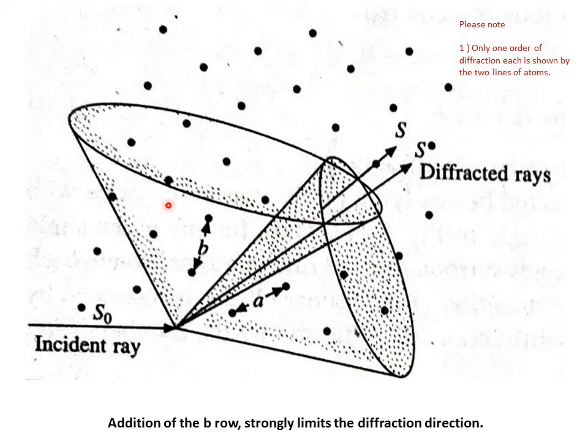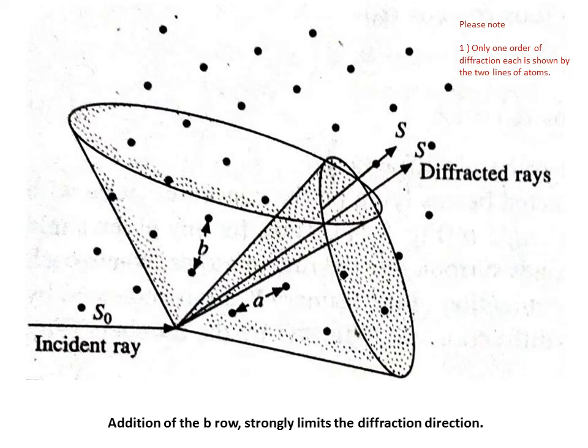Similarly, I have a bigger cone over here that is surrounding the line of atoms along this direction. All the waves placed along the surface of this bigger cone will satisfy the diffraction condition by the atoms placed along the B direction.